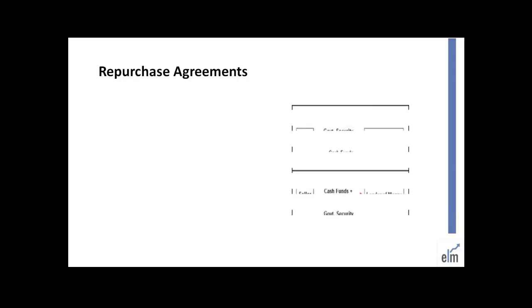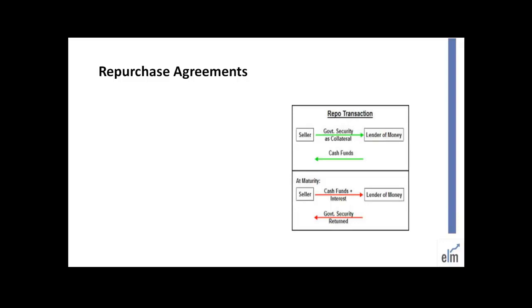Coming to the next category of money market instrument, which is the repurchase agreement. Repo or reverse repo is a secured money market product where borrowing or lending for a period of 1 year or less happens.